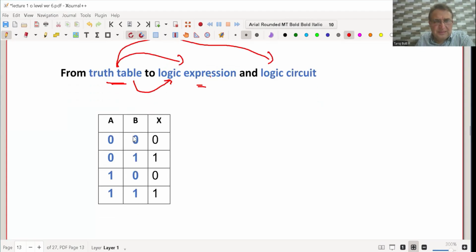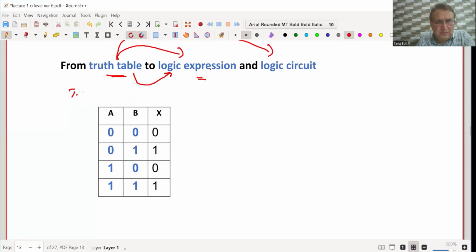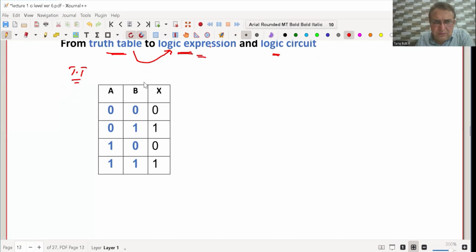So let's say this truth table is given to you, and you are supposed to write down the logic expression and then draw the logic circuit. As I told you earlier, if you are given a truth table, these are the inputs and this is the output, so look at the output column where the output is 1.